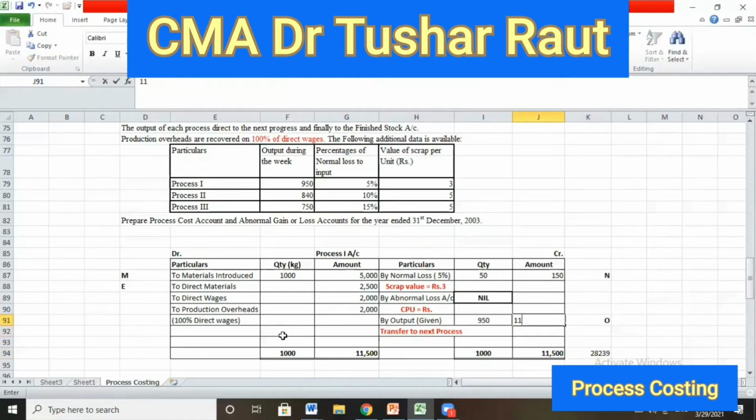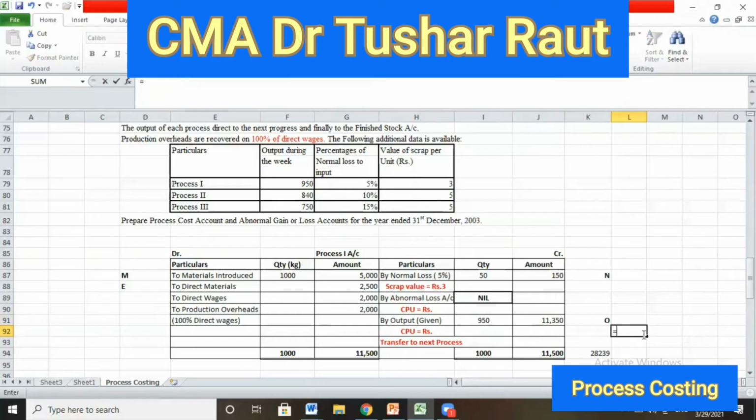You will get 11,350. But as we need to calculate the CPU, just remember, we always follow CPU for abnormal loss, abnormal gain, and transferring production to the next process. So here the CPU will be 11,350 divided by 950.